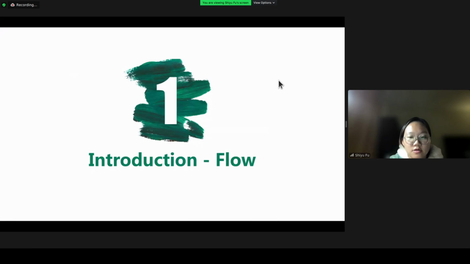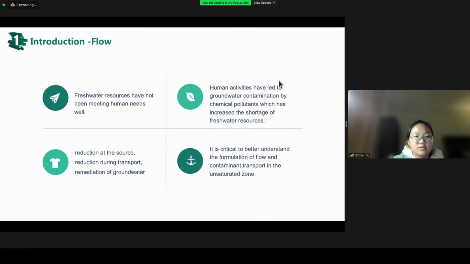Let's start from the flow. We all know that freshwater resources have not been able to meet human needs well, and human activities such as industrial waste discharge have led to groundwater contamination by chemical pollutants, which has increased the shortage of freshwater resources.